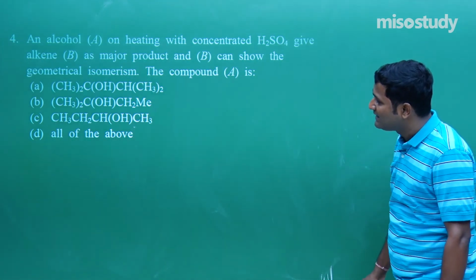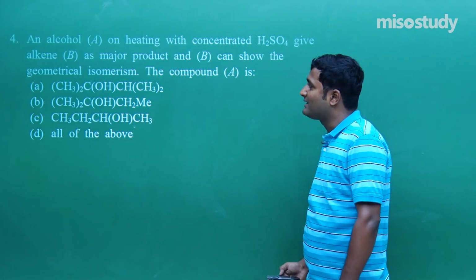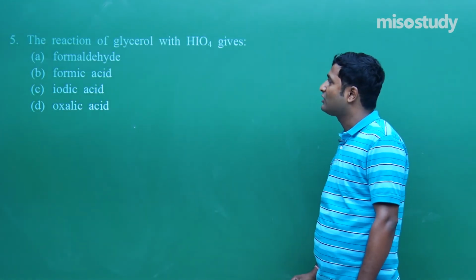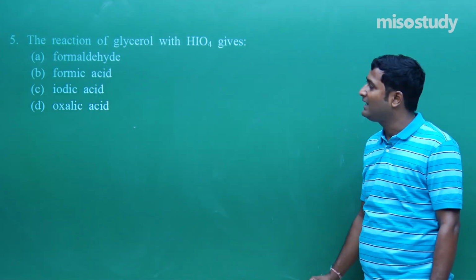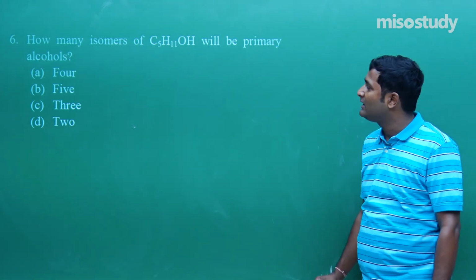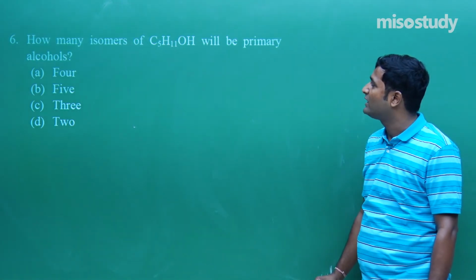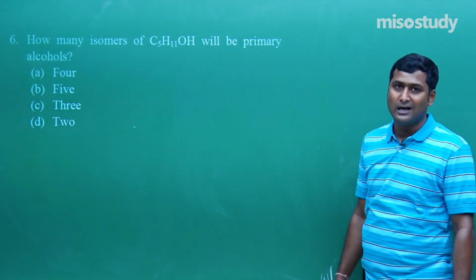Sir, that is C, that is CH3CH2CHOHCH3. For question number 5, the reaction of glycerol with HIO4 gives you formaldehyde, formic acid and iodic acid. A, B and C. For question number 6, how many isomers of C5H11OH will be primary alcohol? That is A. For question number 6, A is the correct option.